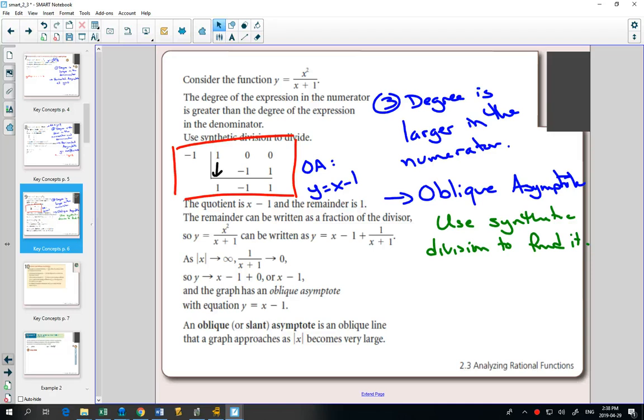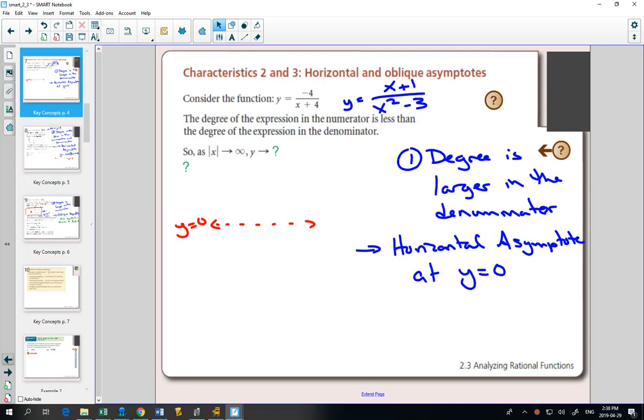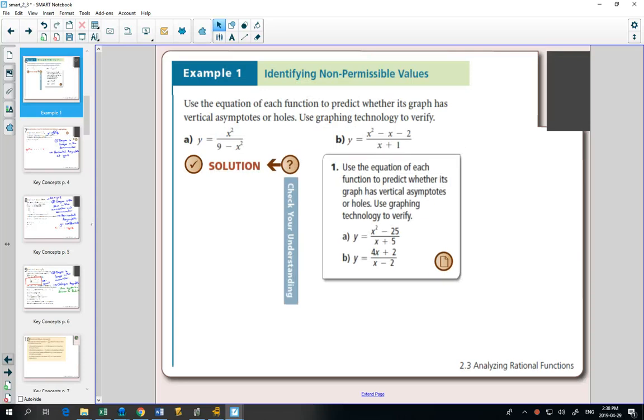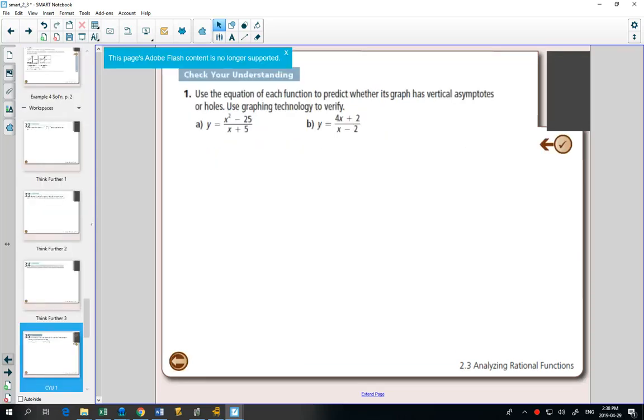So when we go back to example 1 here, the question says, use the equation of each function to figure out if there's a hole or vertical asymptote. We're going to do that, but we're also going to graph it completely.